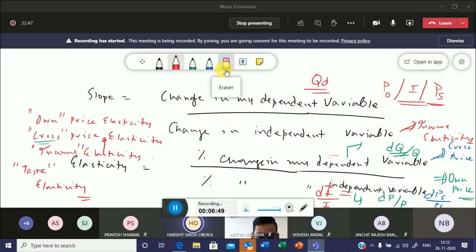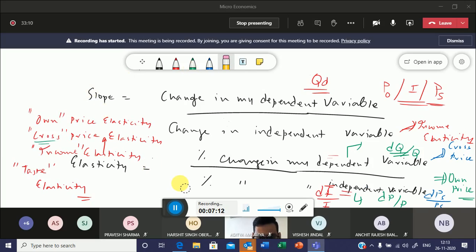Negative, because as the price changes, the direction of quantity demanded will be opposite. For instance, if price increases, quantity demanded will decrease. If price falls, quantity demanded will increase.